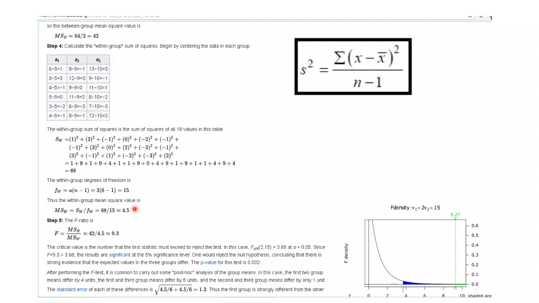Now, we have calculated the mean square between, which is 42, and the mean square within, which is 4.5, and we know that the ratio is the mean square between over the mean square within, 42 divided by 4.5, which is almost 9.3.